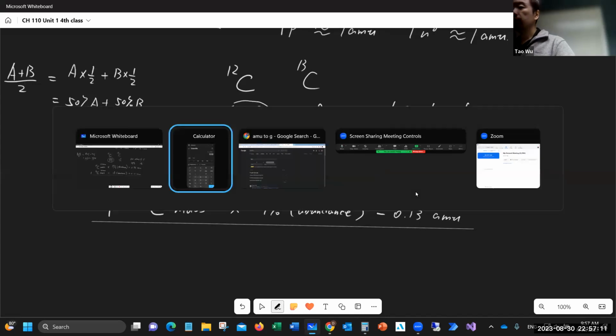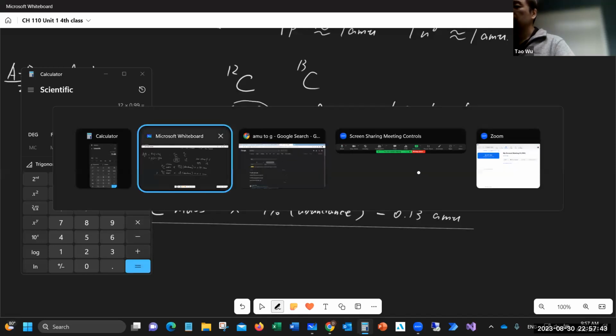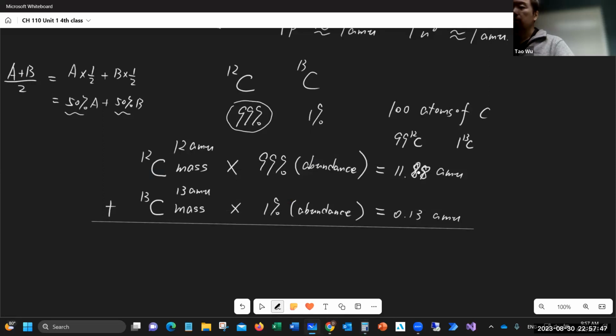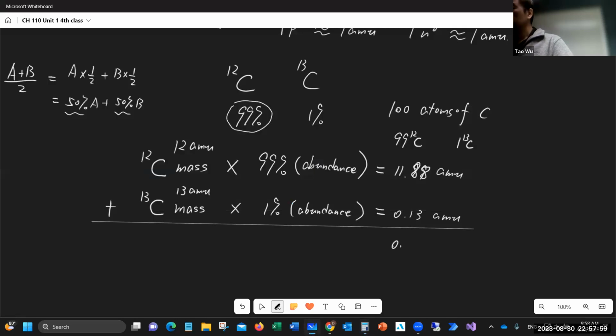Then you add those two together: 11.88 plus 0.13, and you get 12.01 AMU.